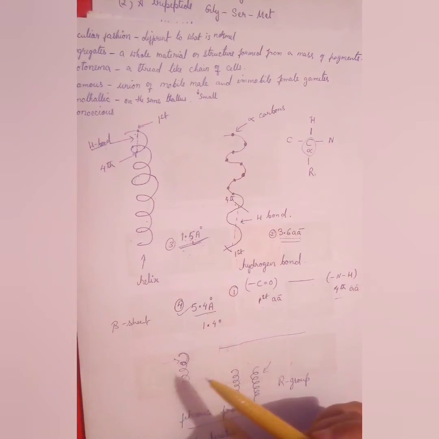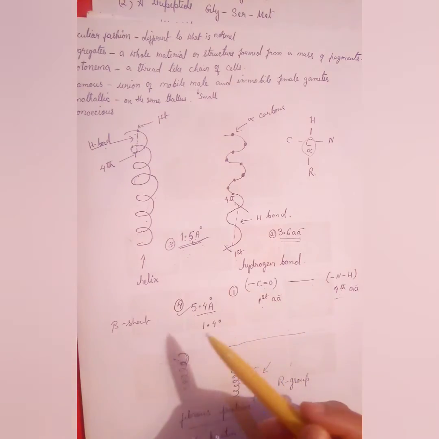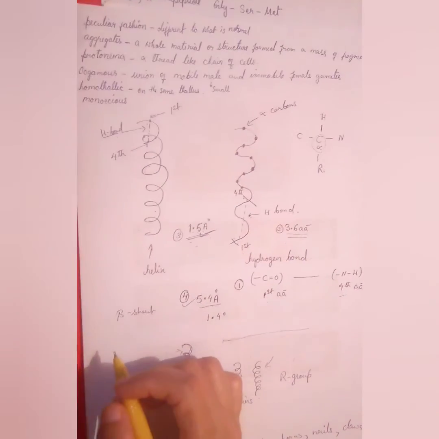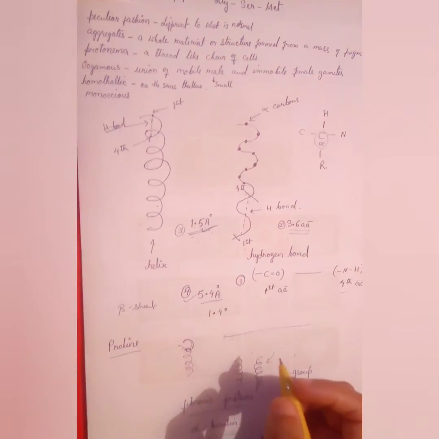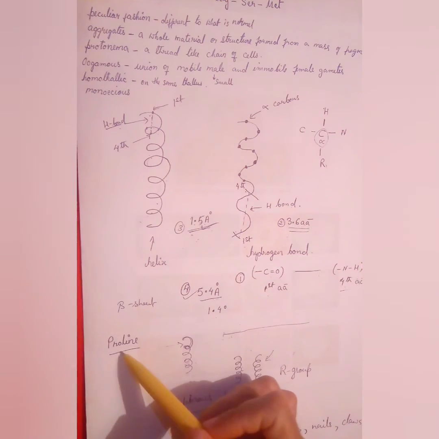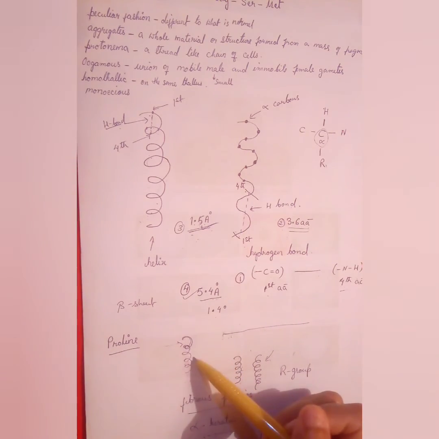You will find that some amino acids are more frequently found in the alpha helix than in the other types of structures. In particular, I will tell you one amino acid, that is proline.